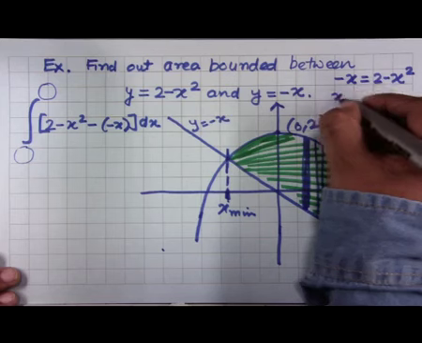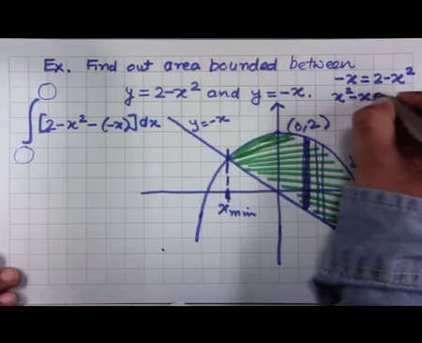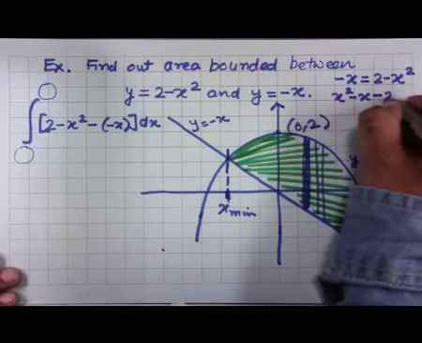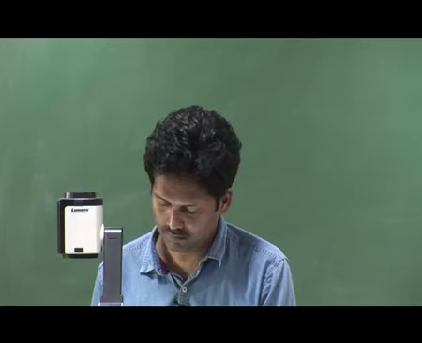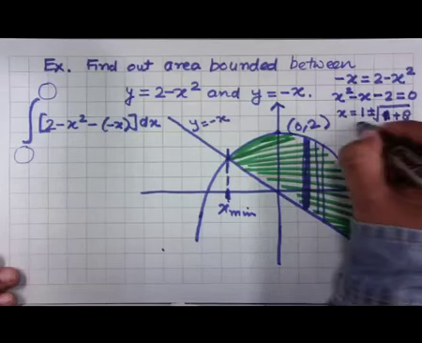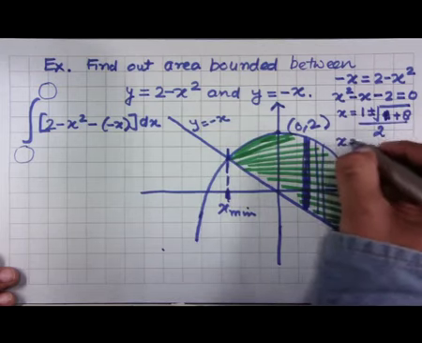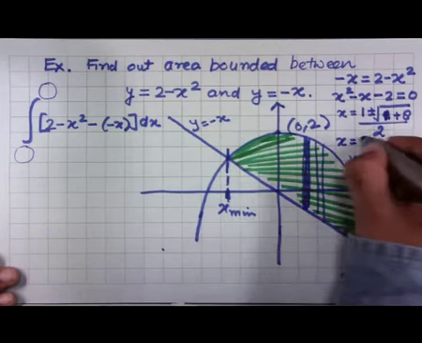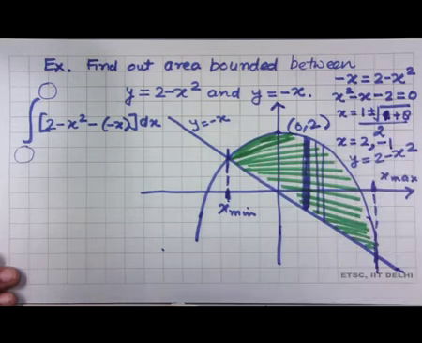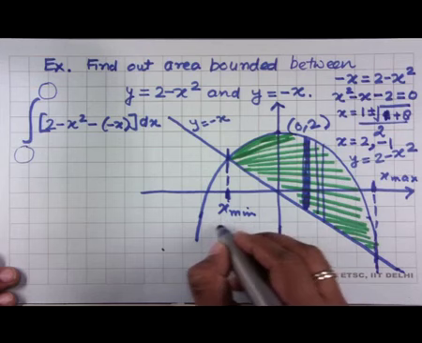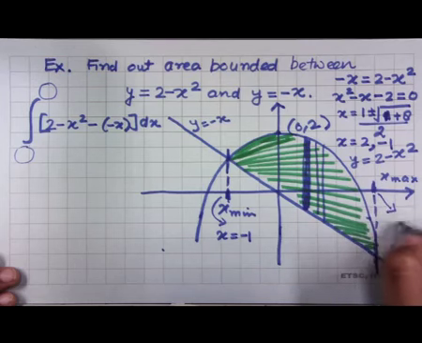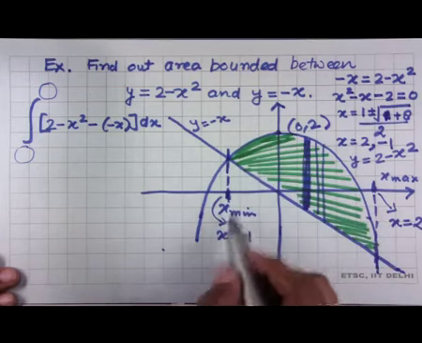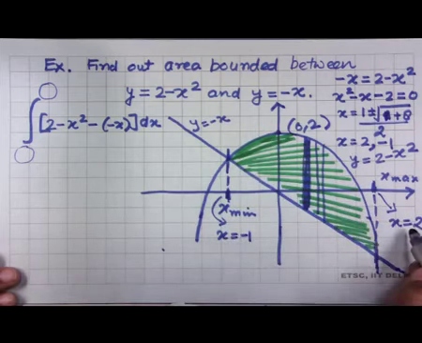So, we get x square minus x minus 2 equals to 0. So, values of x will be 2 comma minus 1. So, this x minimum is minus 1 and this is 2. So, this entire shaded area lies between x equals to minus 1 and x equals to plus 2.